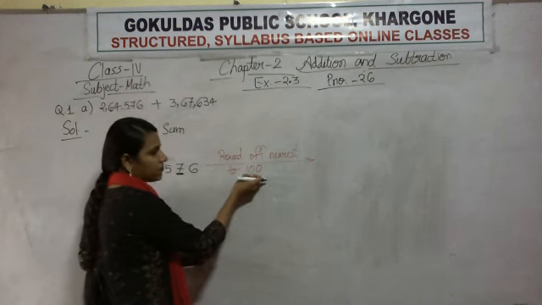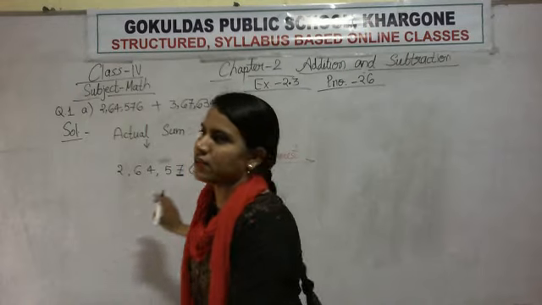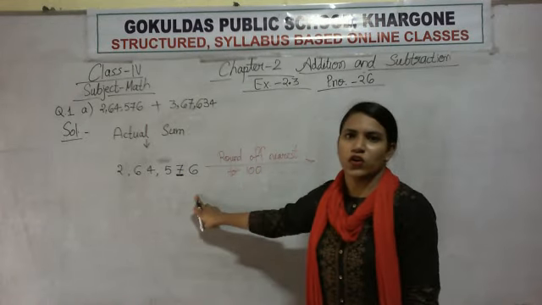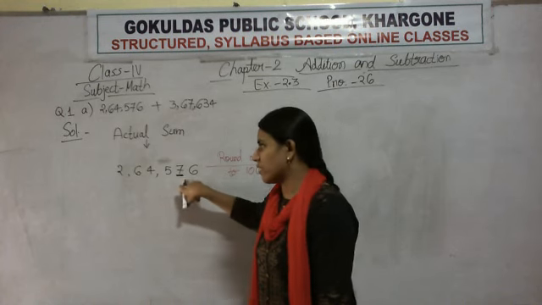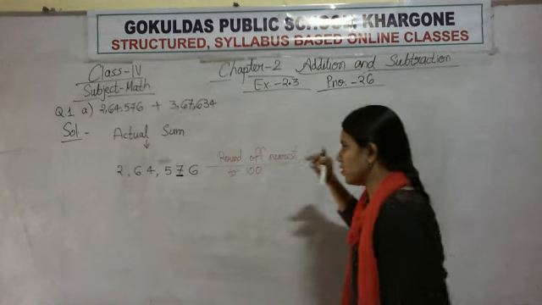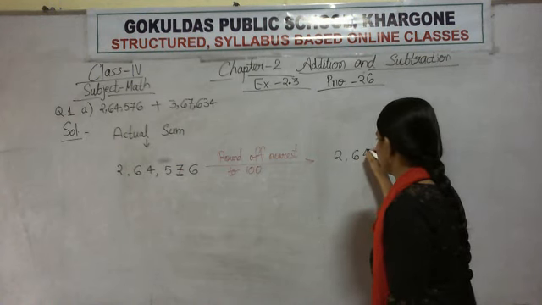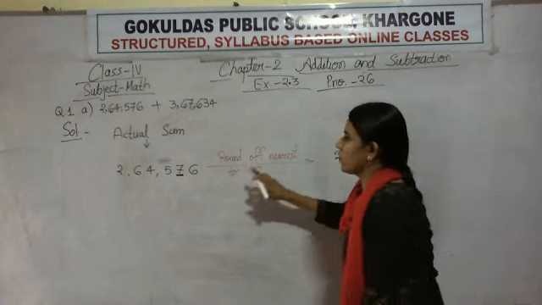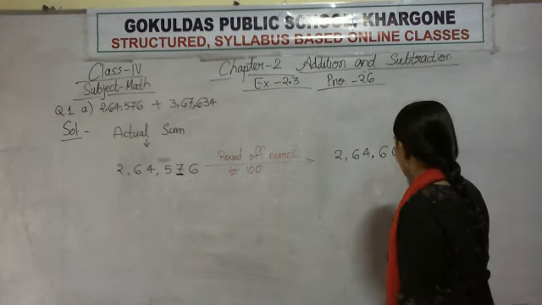And as you observe, in 100 the ones and tens digits are 0, so you make the last two digits of this number 0. So after rounding off, our number is 2,64,600.